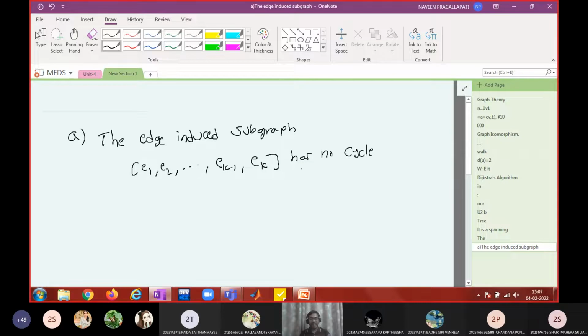Because of the attachment of this new edge to the existing edge set, it should not form a cycle.